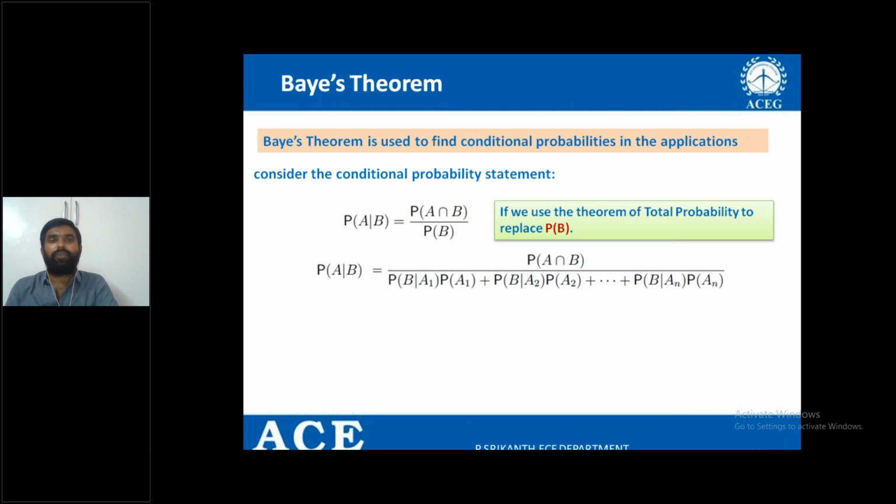So that is the expression for P of A given B in terms of joint probability and the conditional probabilities, right?